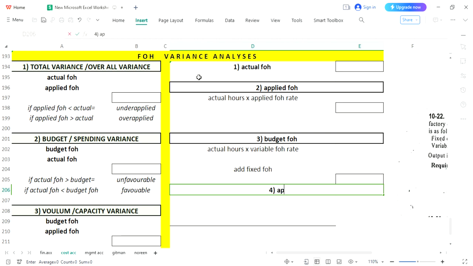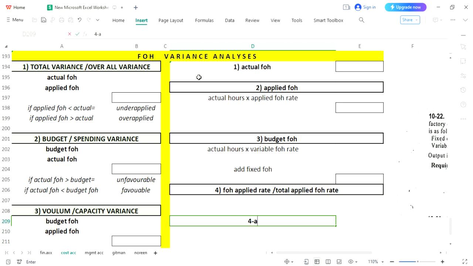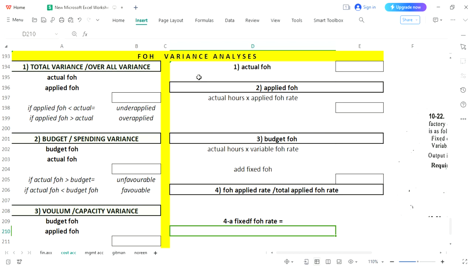It is called total applied FH rate, or simple applied FH rate. It has two parts. First you will calculate for A, and how do you calculate fixed FH rate? You will pick fixed FH from the question, and divide it by estimated hours or units.